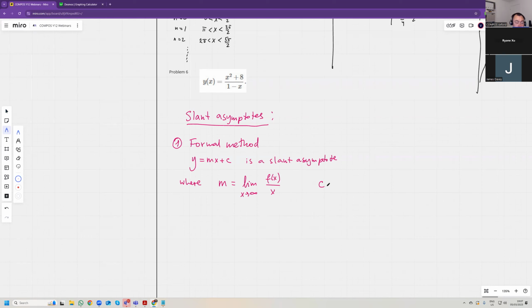And c is the limit as x tends to infinity of f of x minus mx.